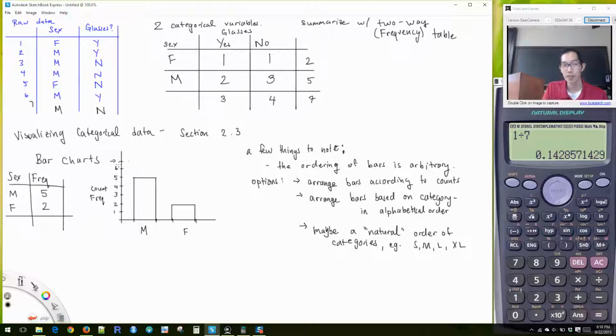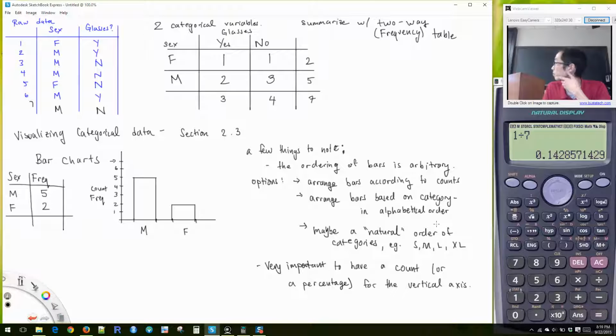It's very important that we have the count on the vertical axis, or if not a count, a percentage. So those are bar charts.